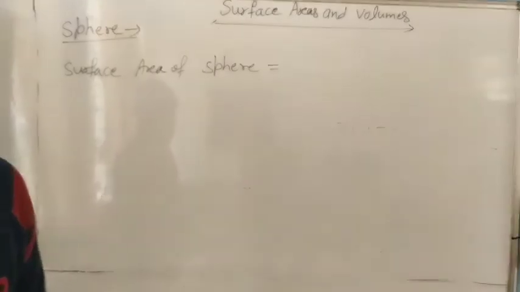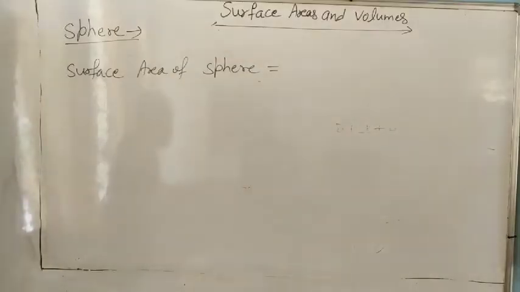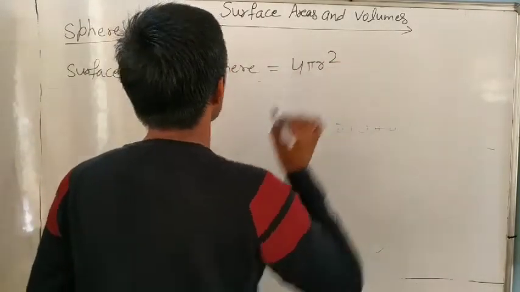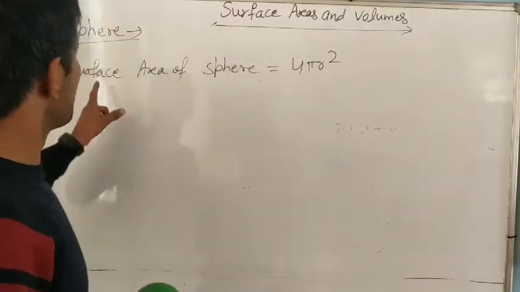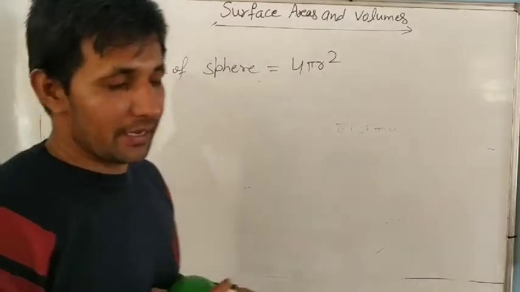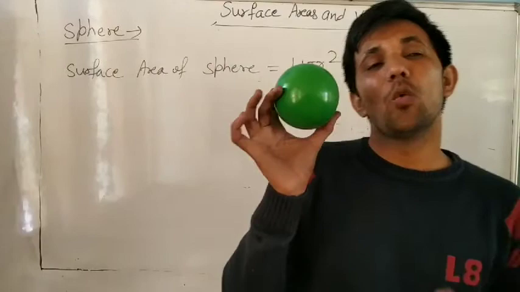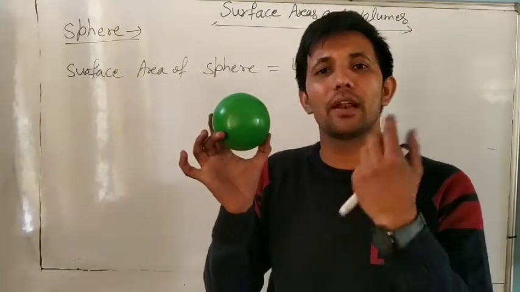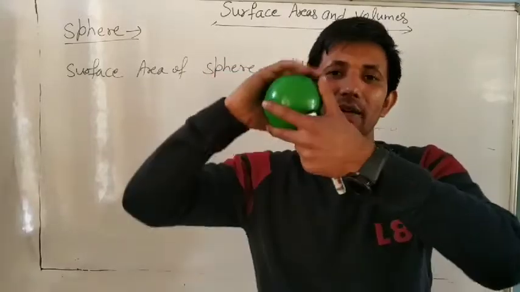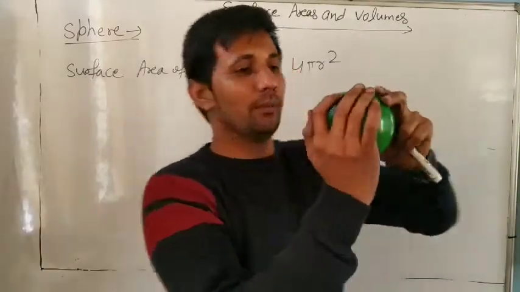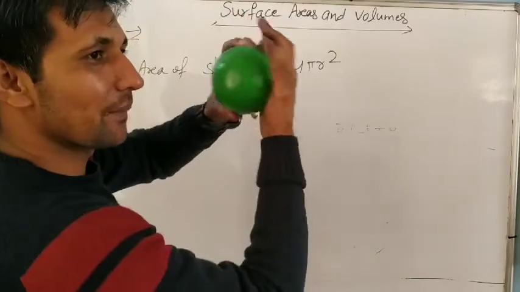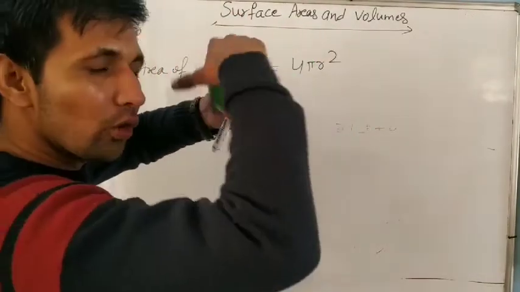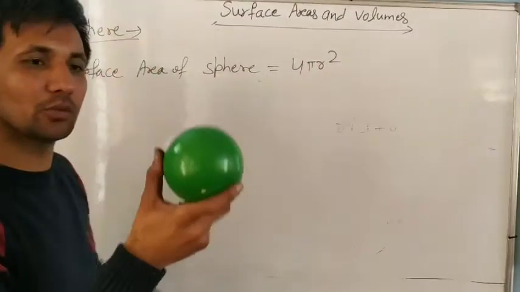It is 4 pi r square. Now you will ask, sir, why 4 pi r square? First look at in a sphere, total surface area and curved surface area both are same, because in a sphere lateral surface area and total both are same, because we don't know where is the lateral, so it means total area is called total surface area, so both are same.